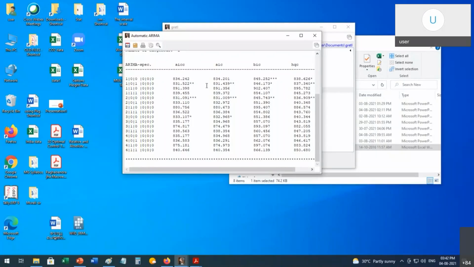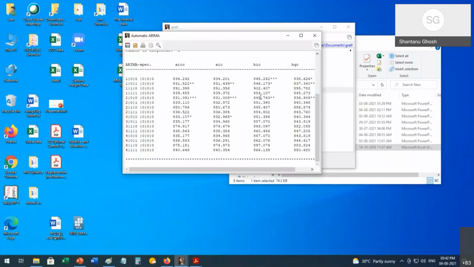Whereas at a 5% significance level, we have this model 101000. 831.522 is the value, or here we have 831.439, and this value is less than this one. So we can select this particular model.